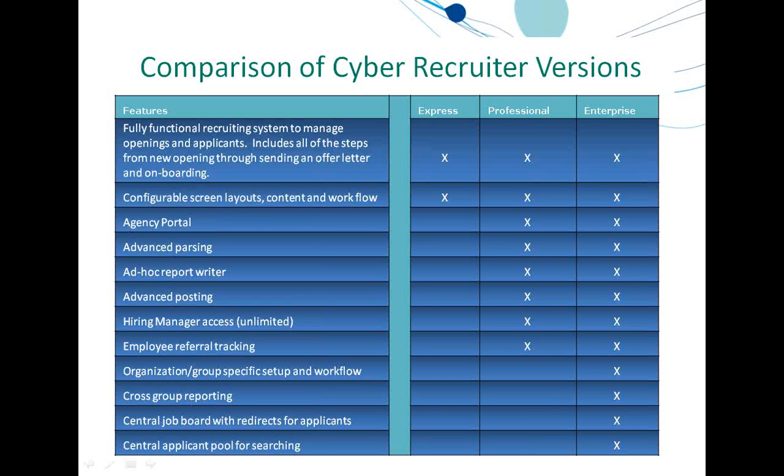So this screenshot is just a brief snapshot of some of the different options available in the 3 versions. The express version, all of the versions are fully functional recruiting systems, from the opening of a requisition to the onboarding. They all have configurable screen layouts and content and workflow. Where we get into the needs of an organization desiring to use an agency, perhaps you're using an agency to recruit for some of your C-level positions.